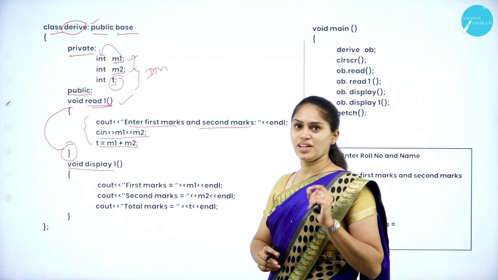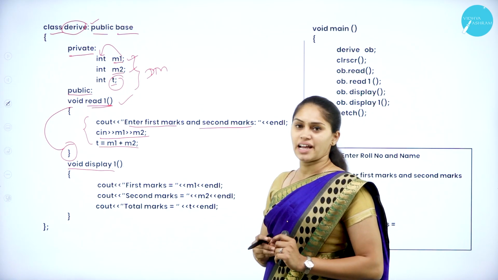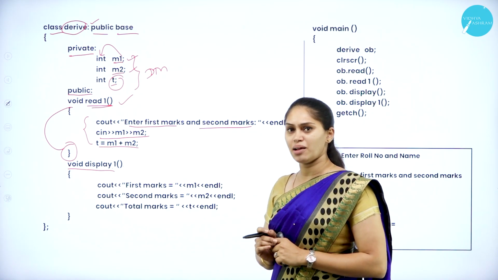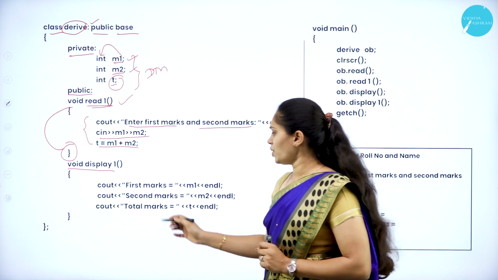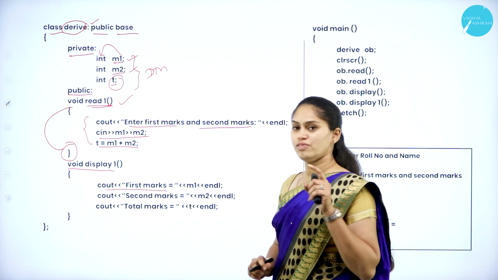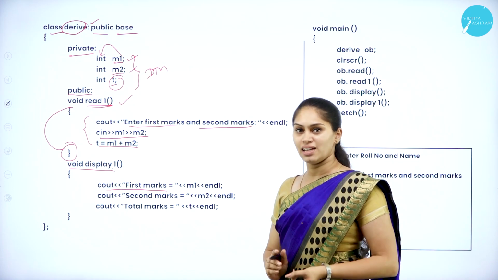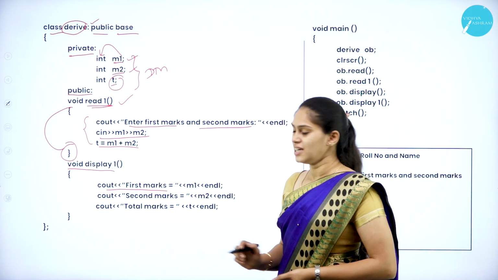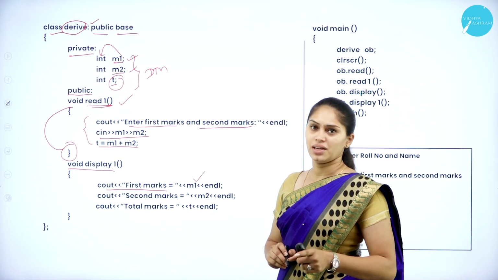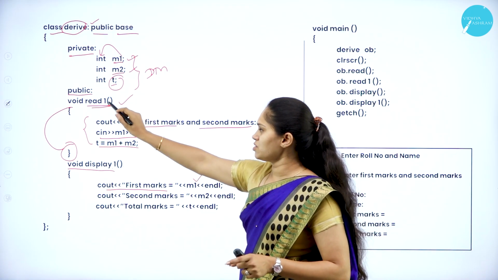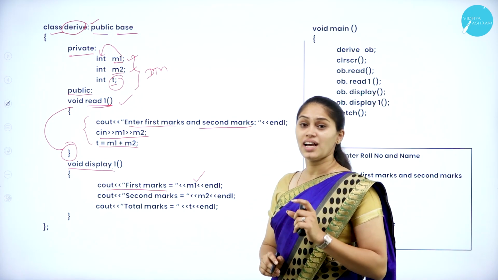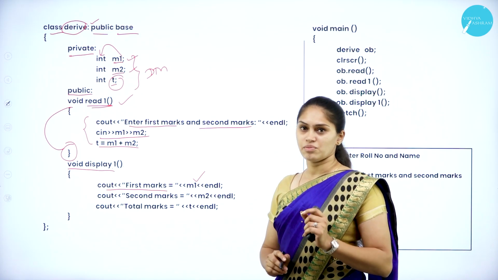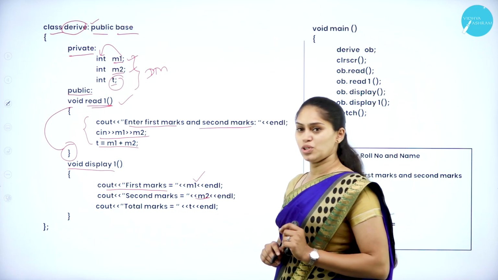It is a member function which comes under the derived class. So what content am I using in order to display? Here I am displaying the content of first marks, second marks and total marks. The value of the first marks is stored in the M1 variable, because by making use of this read1 member function, I have given the values for M1 as well as M2.